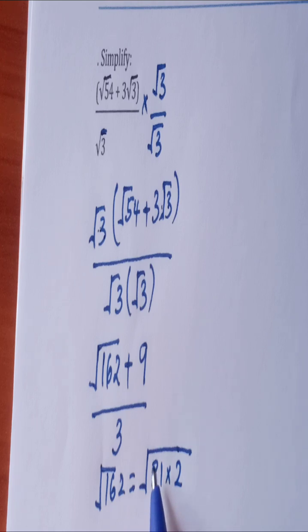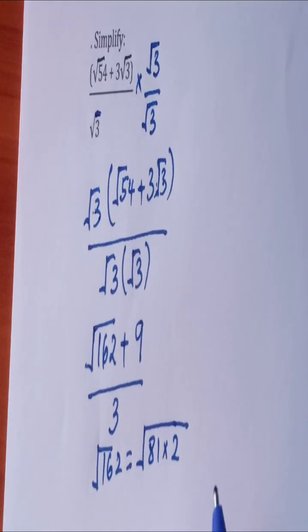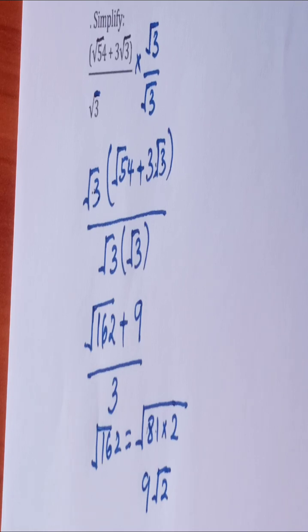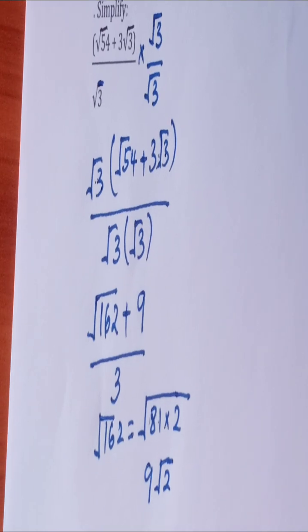Remember, 81 is a perfect square, so it has a square root. The square root of 81 is 9, so we write this as 9 root 2. So root 162 can be written as 9 root 2 in simple terms.